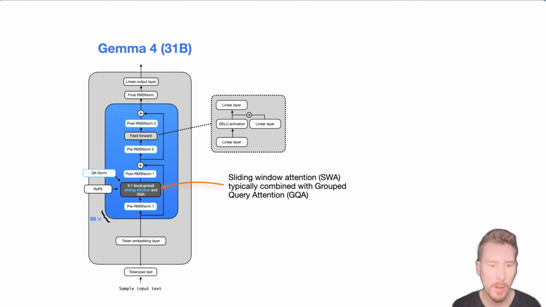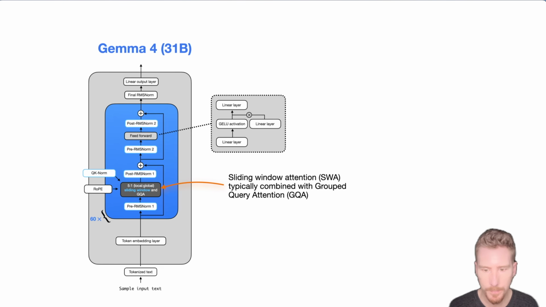One model that just came out recently, for example, is Gemma 4. It came out last week. This one uses both sliding window attention and group query attention, so it's a mix between both. One could say, if we use sliding window attention, it can only see a limited number of past tokens. But sometimes it's really important to have access to the whole sequence, because there might be really important information in the first position.